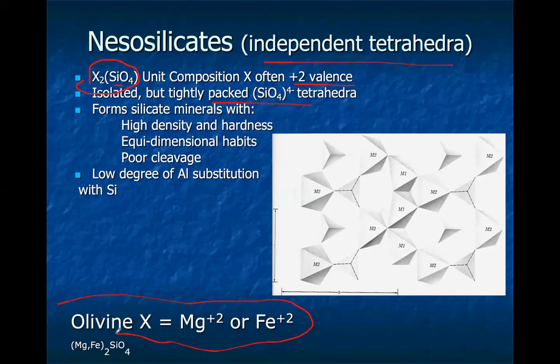Okay, olivine is one of the examples, and this X, or the cation, can be substituted by either magnesium or iron. For that feature we also gave a special term, but we did not talk about the details at that time, and you will learn about these things in later stages as well.